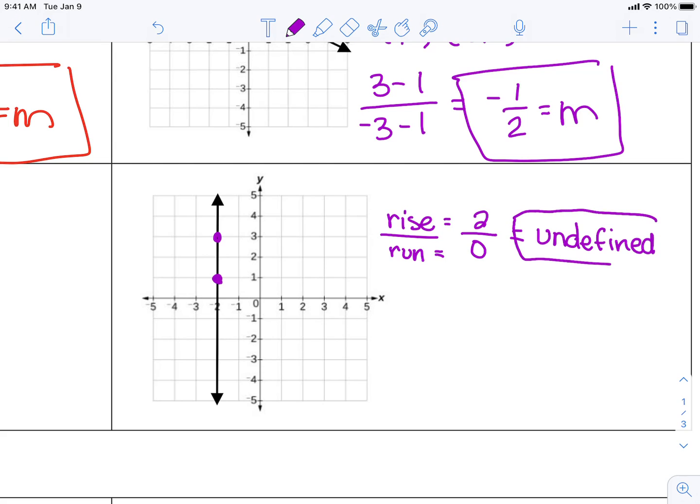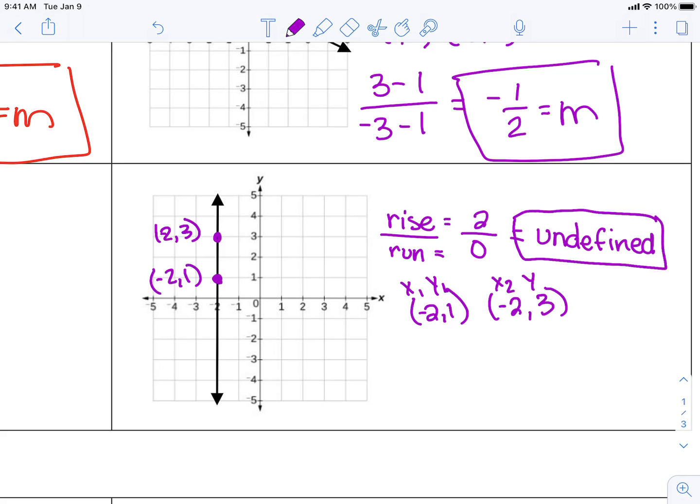Okay, why is it undefined? Because you can never divide by 0. Cannot divide by 0. If we wanted to see what it looks like using the slope formula, I have the points -2, 3 and -2, 1. So I use my 2 points, -2, 1, -2, 3. My first point, x1 and y1. My second point, x2 and y2.